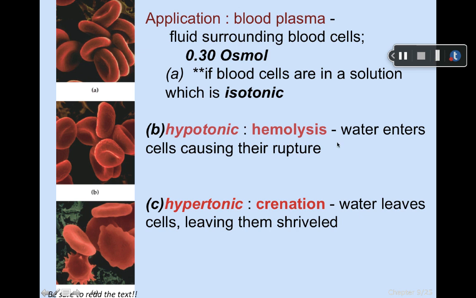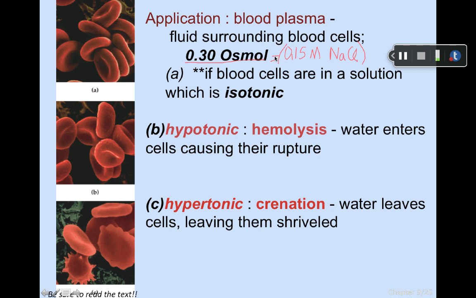The application of this that's also more interesting to everyone, I hope, is blood plasma, and the fluid surrounding blood cells requires an osmolarity of 0.30. In other words, that's the same thing as 0.15 molar sodium chloride. That was calculated when we were talking about isotonic, hypertonic, and hypotonic recently with our POGIL activity.